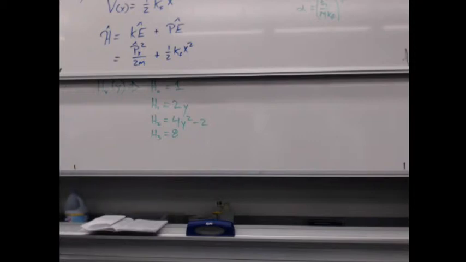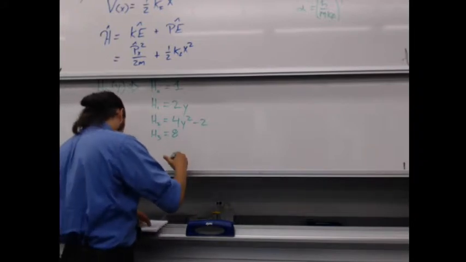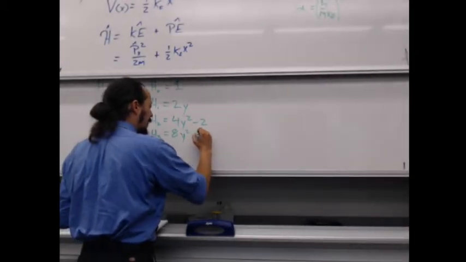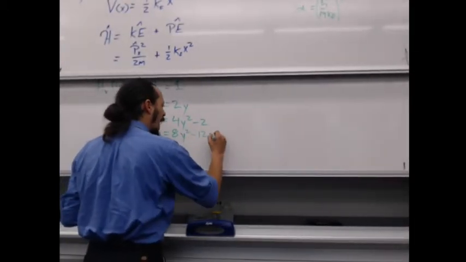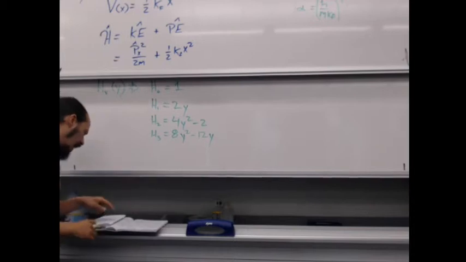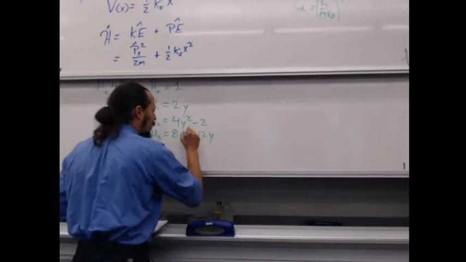If you don't have the energies and equations that I handed out as well, these are on there. It's worth it to copy them into your notes, but these are not things I expect you to remember. These are things that will be given to you. 8y cubed minus 12y. And then it keeps going up. Oh, sorry, not y squared, y cubed.